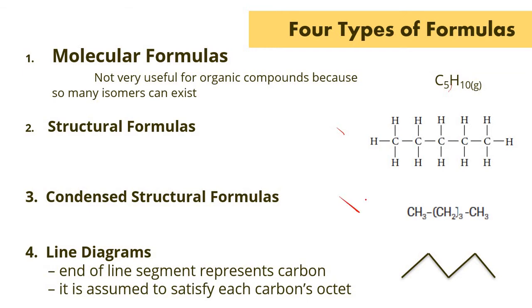Now, condensed structural formulas. A condensed structural formula also shows you the sequence of the units of the molecule. So for example, if we have this, it just writes the sequence. For example, CH3 is this, and CH2, and there's a 3 here, and a CH3 is for this.